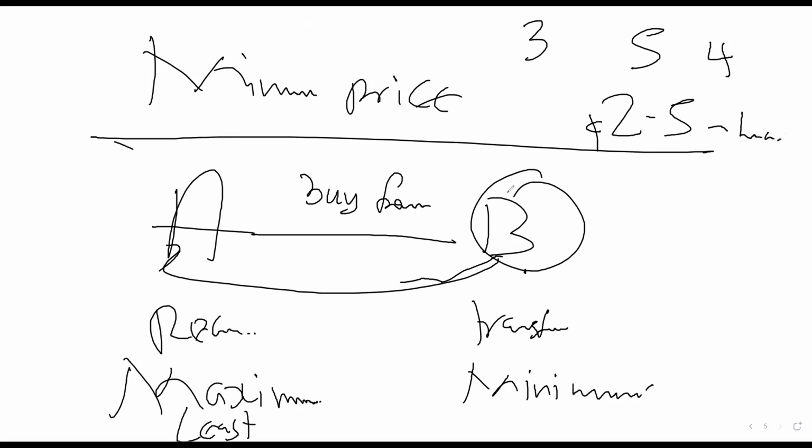It will give me the maximum transfer price. So the maximum transfer price is the highest amount that the receiving company will be prepared to pay. At the same time, it is the least on the market.